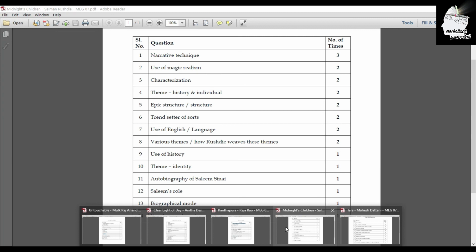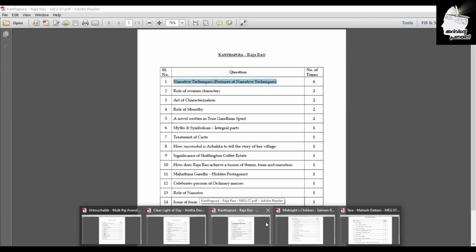And if you are excited to know Midnight's Children, that book has won the Booker. So if you are confident enough, you can go for Midnight's Children and Kanthapura also, but you must study 3 out of these 5.